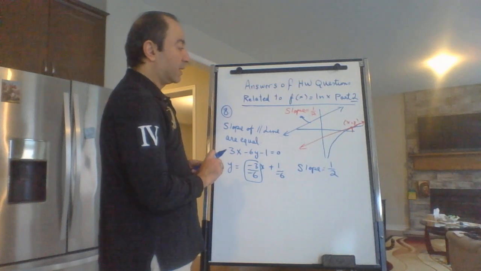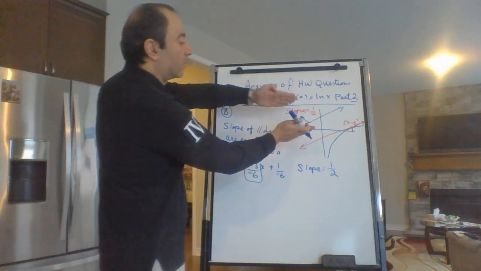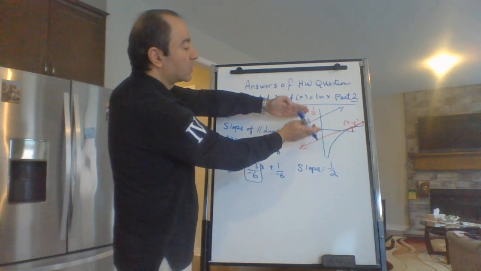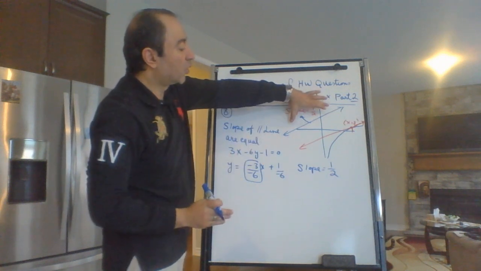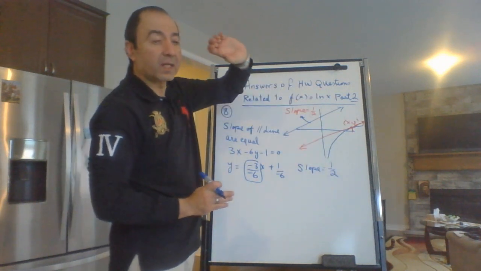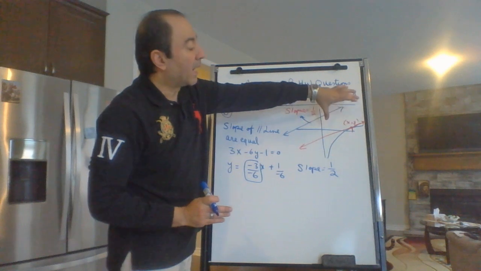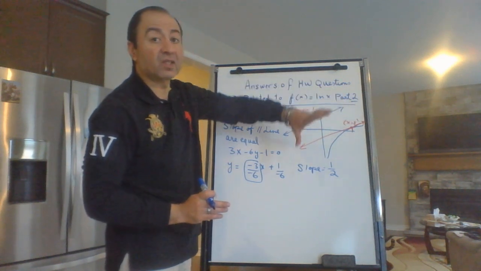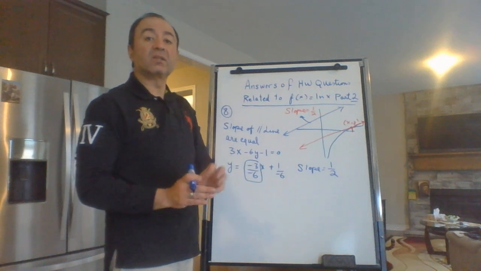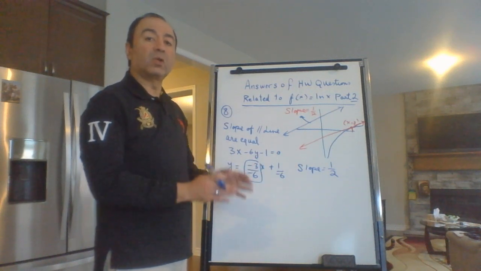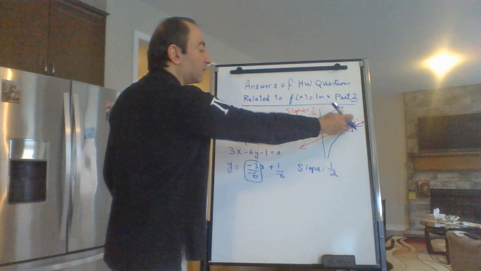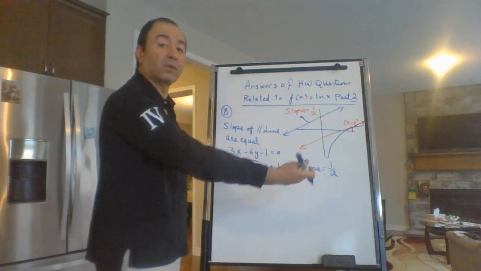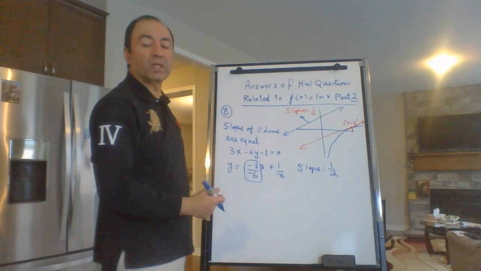So again, the idea is we have two parallel lines, so the slopes are the same. We get the slope of this line, which is 1/2. So I need to find at what point the tangent will have a slope of 1/2. The slope of the tangent, in grade 12 calculus, we call it the derivative. So if I get the derivative, make it equal 1/2 and solve for x, I am answering this question.